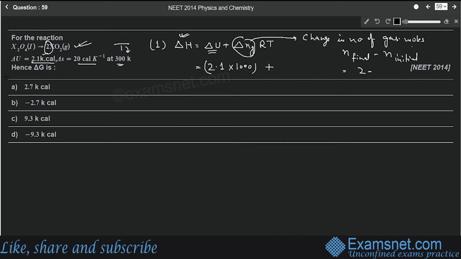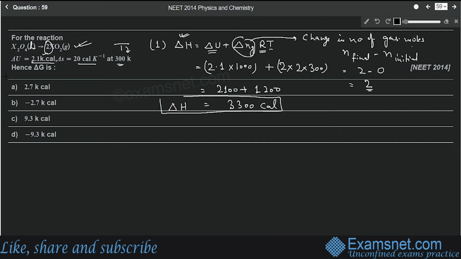So 2 minus the number of gaseous moles on the reactant side is 0, because here the reactant is liquid, not gas. Okay, so delta N is equal to 2 here. So 2 into the value of R, that is gas constant, is 1.98 in terms of calorie. So we can write it as 2, and T is the temperature, so that is given as 300 Kelvin. Okay, and if we solve this we'll get 2100 this side and this side 1200. So 3300 calorie is the value of delta H. Okay, enthalpy change is 3300 calorie.